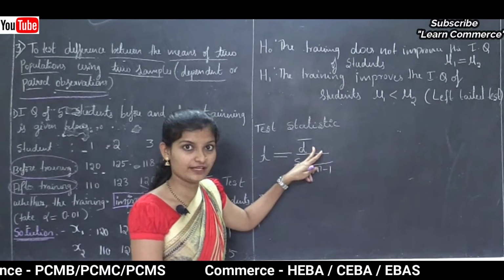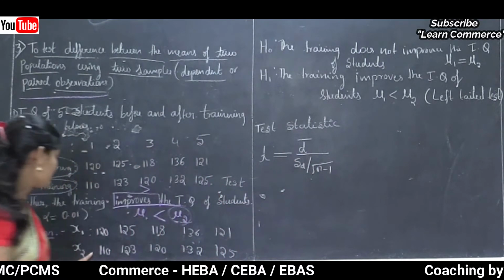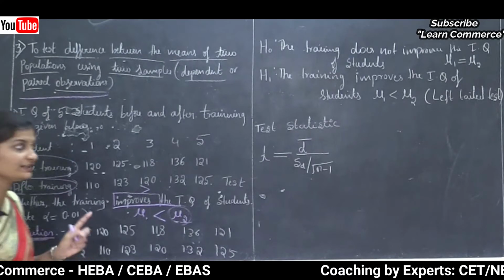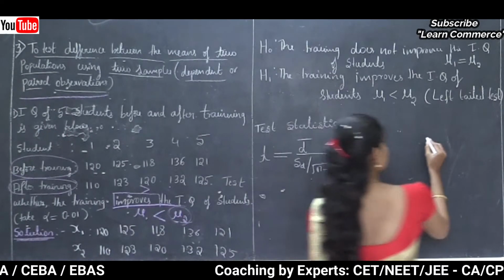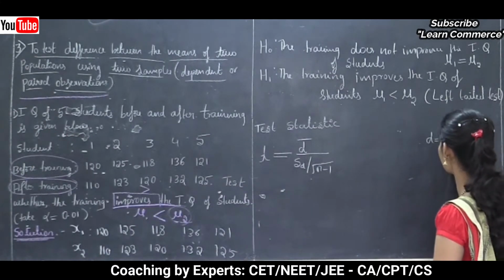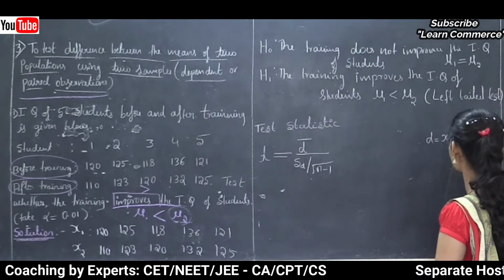What is d? d is the difference. Here there are two sets of observations given, so to find the difference, d is equal to x1 minus x2.